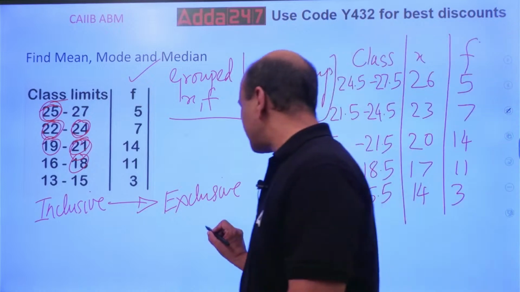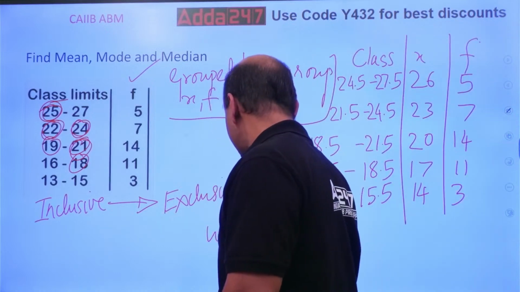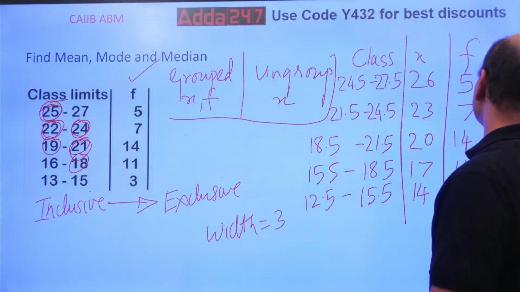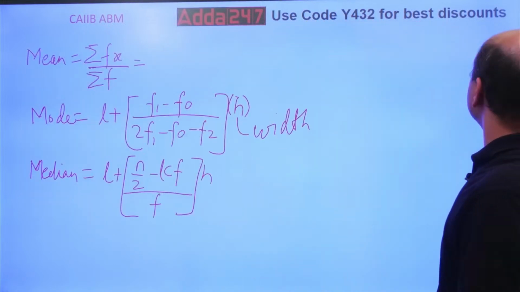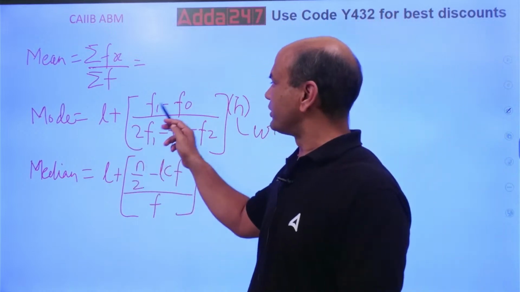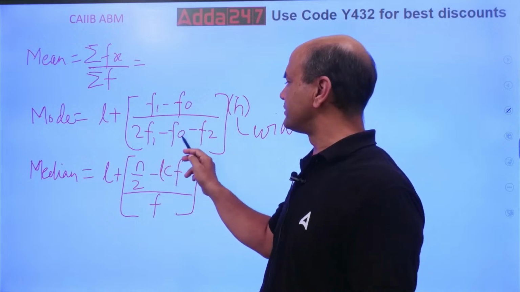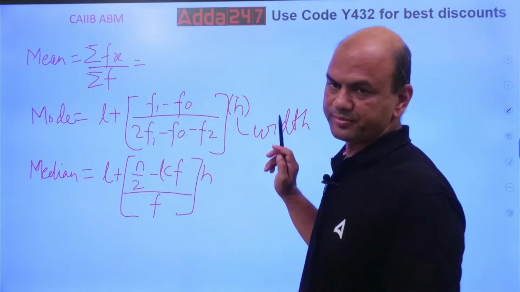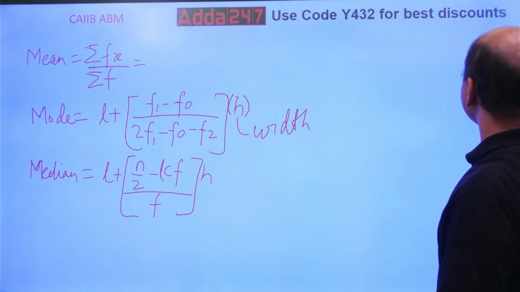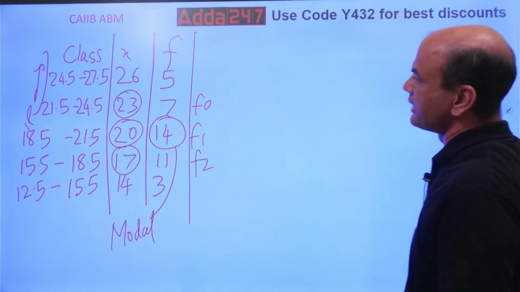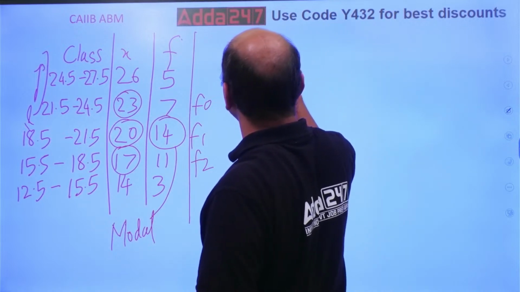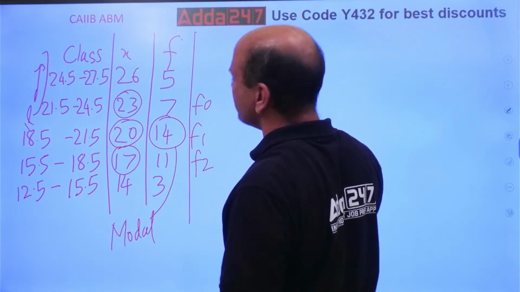So width over here, I'll write it, width equals 3. Okay, simple. Now solve this by this formula, L plus F1 minus F0 upon 2F1 minus F0 minus F2 into H. Okay, let's write it. So what is L now? L is 18.5, plus, now first write H only.